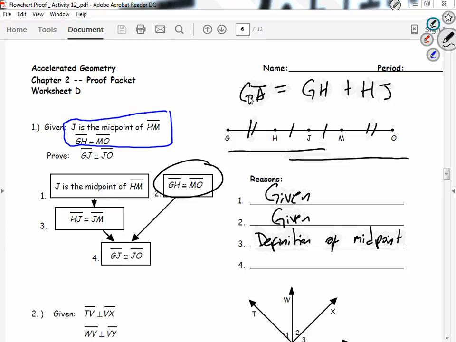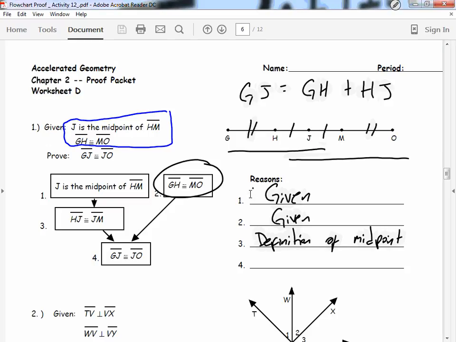You guys follow me? The segment G and J, so from G to J, is the segment GH plus HJ. So from G to J, you go GH, that segment, plus HJ.